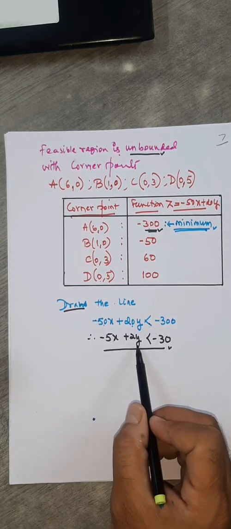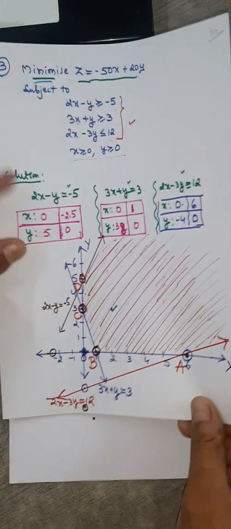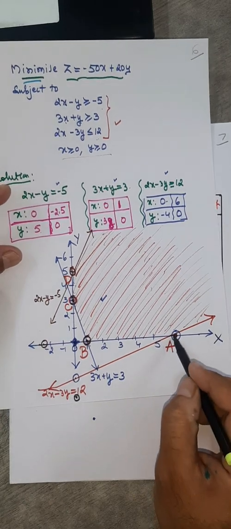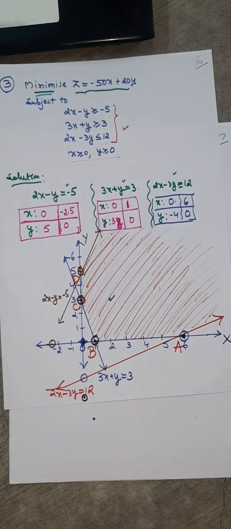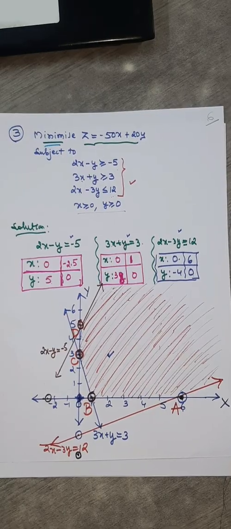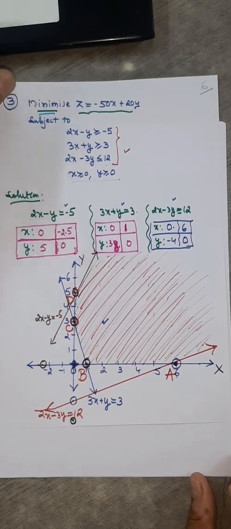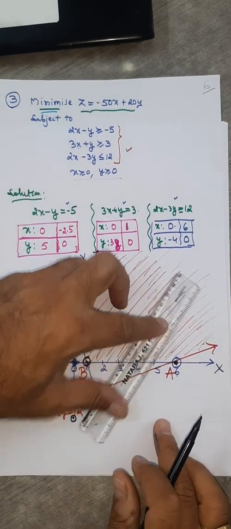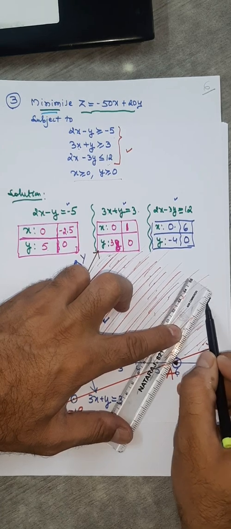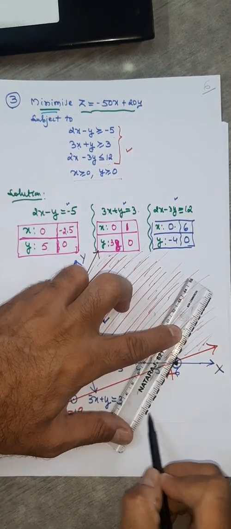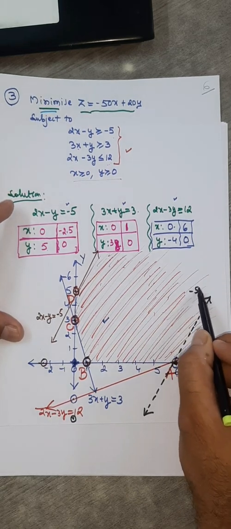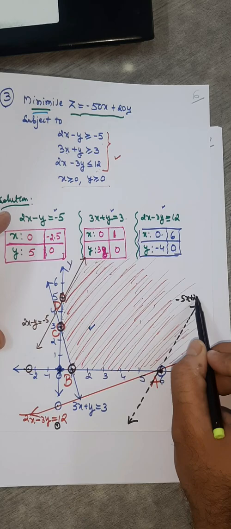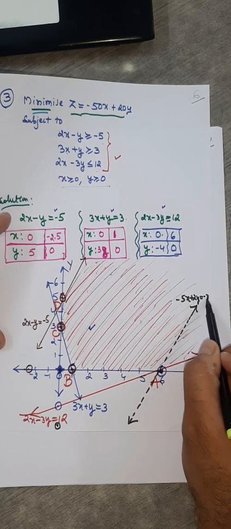So you have (6, 0), which is again somewhere here. So I will have the line like this. I cannot draw it exactly here, but it is somewhere like this. Always we put a dotted line. This is the line minus 5x plus 2y equals minus 30.